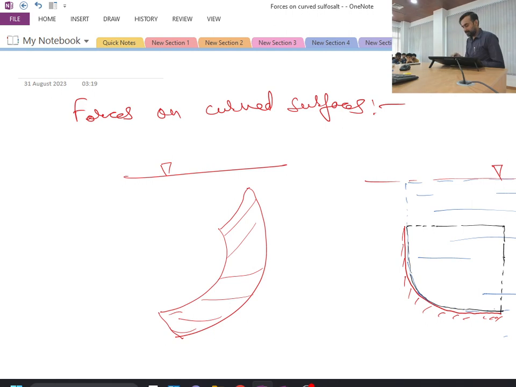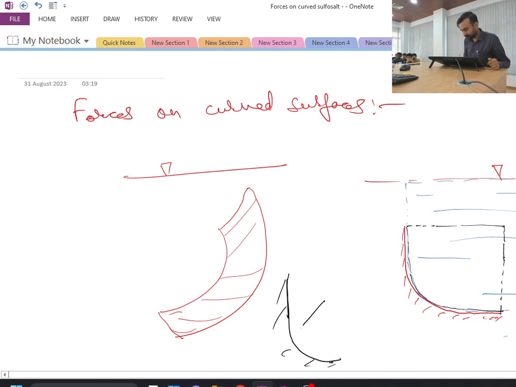This liquid volume will apply a certain amount of resultant force over this curved surface. If this is the boundary of the curved surface, say the resultant force over this curved surface because of the liquid is acting in this direction. This force will have two components: one vertical and one horizontal.